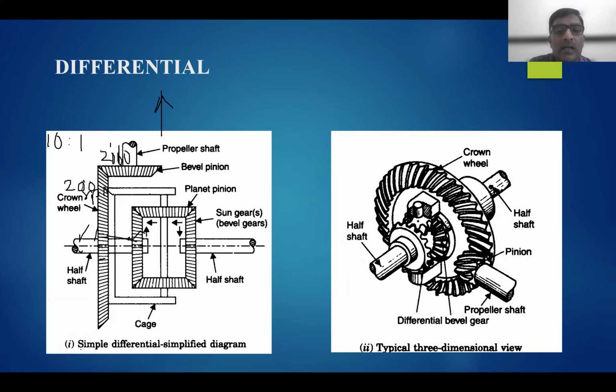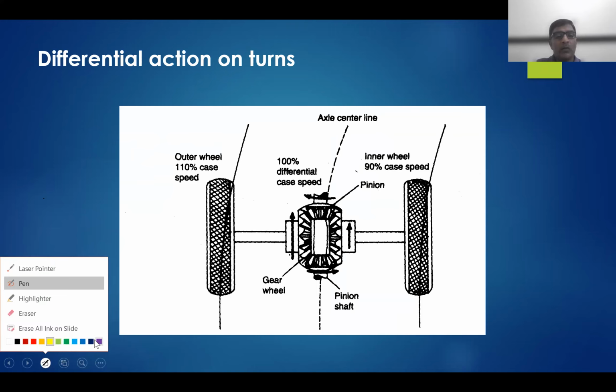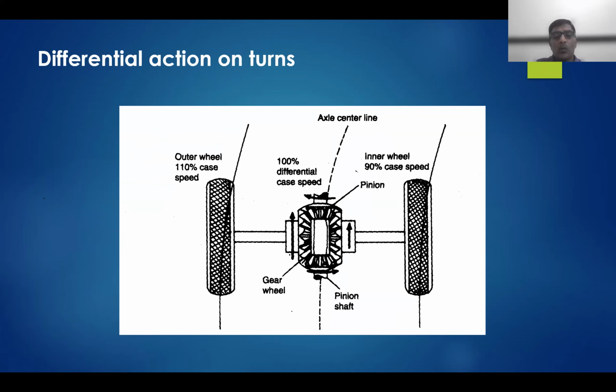Now let us consider this figure. So now I will write the value we have considered, which is the speed of the cage, the speed of the crown wheel. Now this one is the inner wheel, so I will mark it I, and this one is the outer wheel, so I will mark it O. These are the wheels which are mounted on the rear axle, that is the live axle.